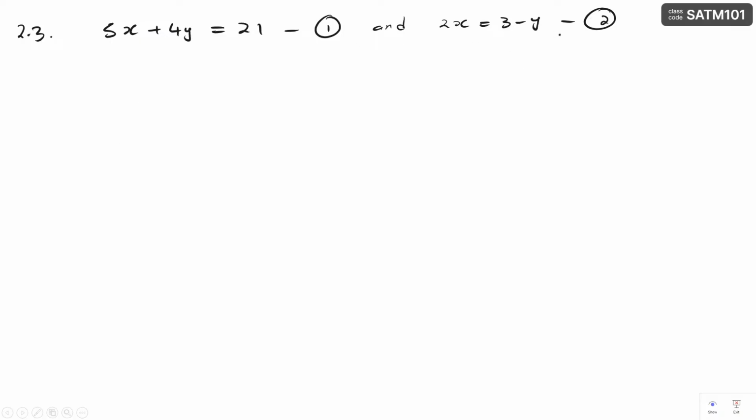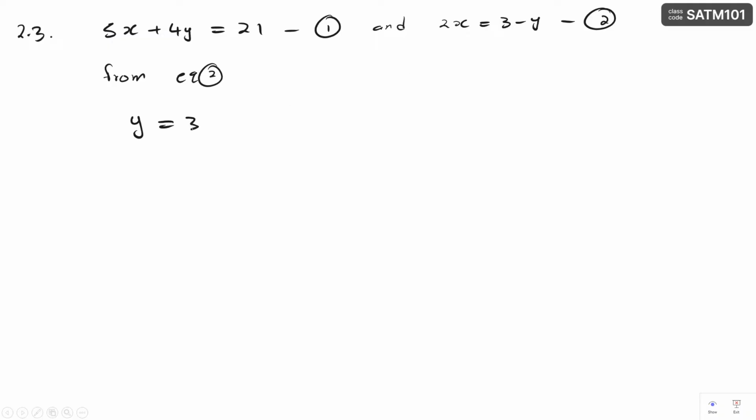Now let's use this one from equation 2. We are telling the examiner that from equation 2, we are going to let x be the subject of the formula. So we take y to the other side, then also bring 2x inside.